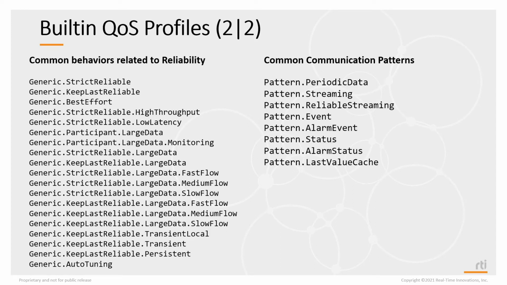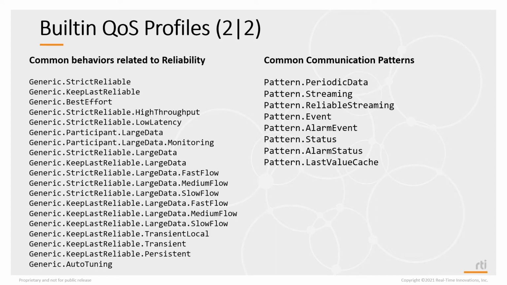Moving on, we have built-in QoS profiles that support very common communication patterns. You may have periodic data that you're sending. You may have streaming data that you're sending. You may be communicating events or alarms or system status. These are all different communication patterns, and each communication pattern may require different QoS settings to support it.